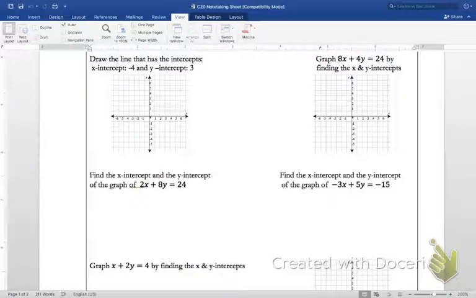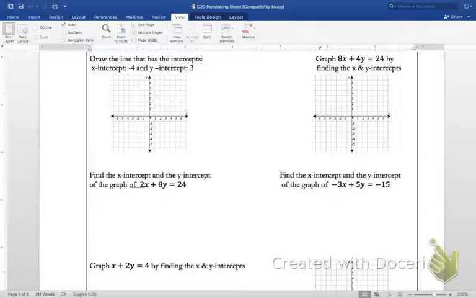Sometimes, instead of you identifying the intercepts, I'm going to give you the x and y intercepts, and I'm going to ask you to draw a line through those intercepts. So in our first example, I say draw the line that has an x-intercept of -4 and a y-intercept of 3.